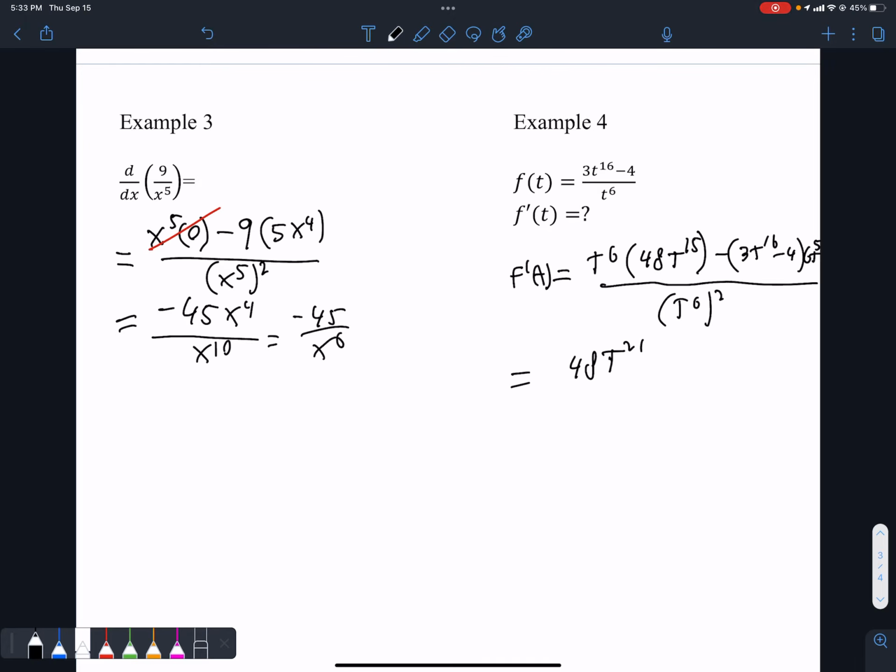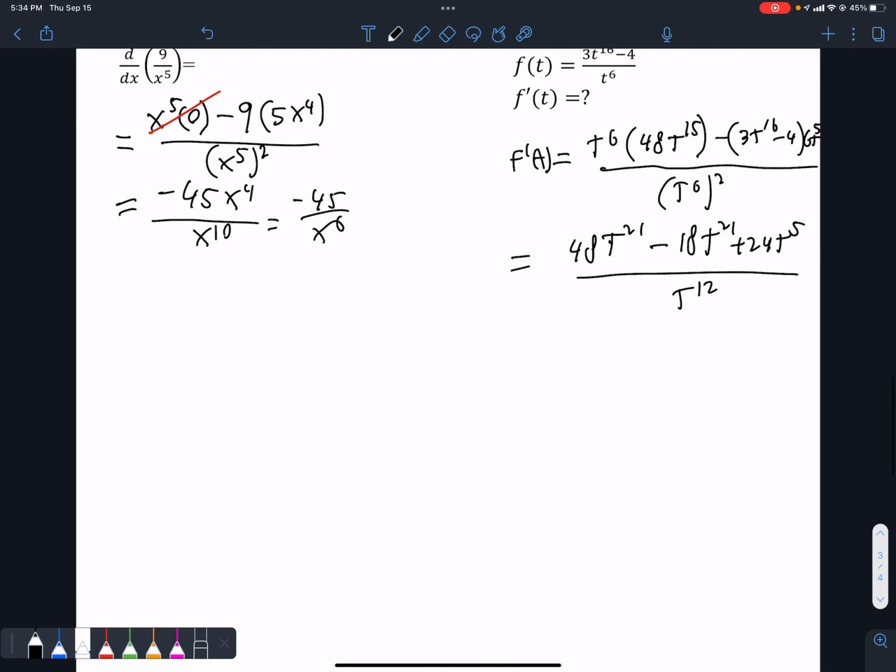The negative gets me a minus. 6 times 3 gets me 18. And it's going to be t to the 21. Now that minus becomes a plus. That's going to be plus 24t to the 5th. And on the bottom, you multiply the exponents, so t to the 12th. All right, 48 minus 18 in my book, that's 30.